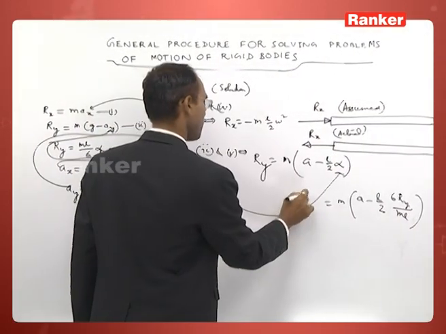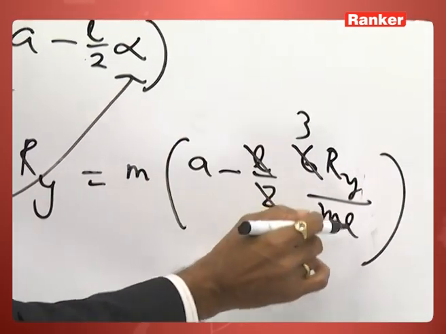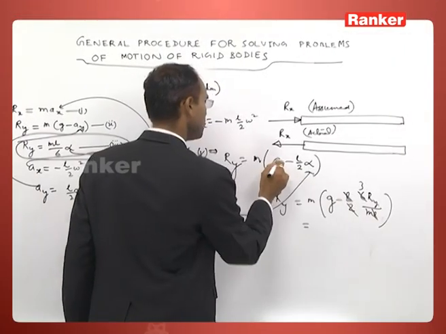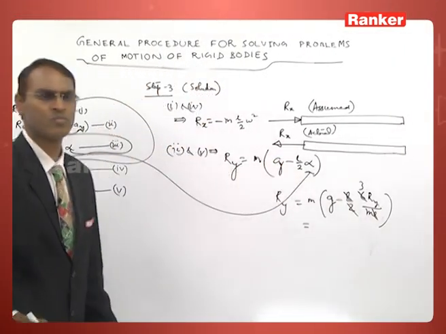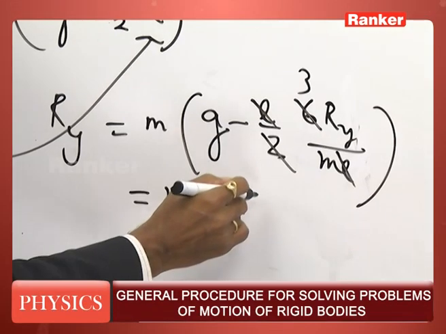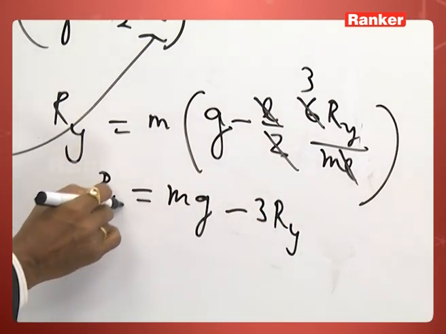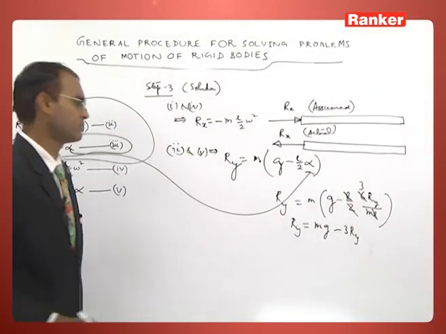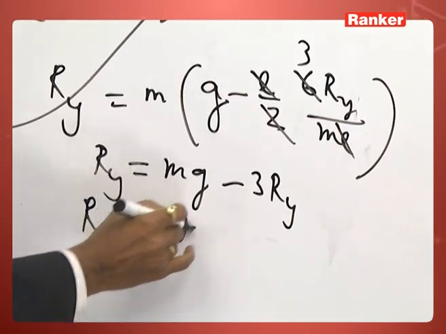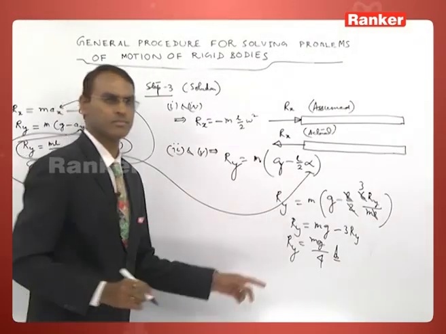This is equal to Ry. This gives us, this is not a, this is g, mg minus 3 Ry, and this is equal to Ry. And Ry is equal to mg by 4. This is the correct answer.